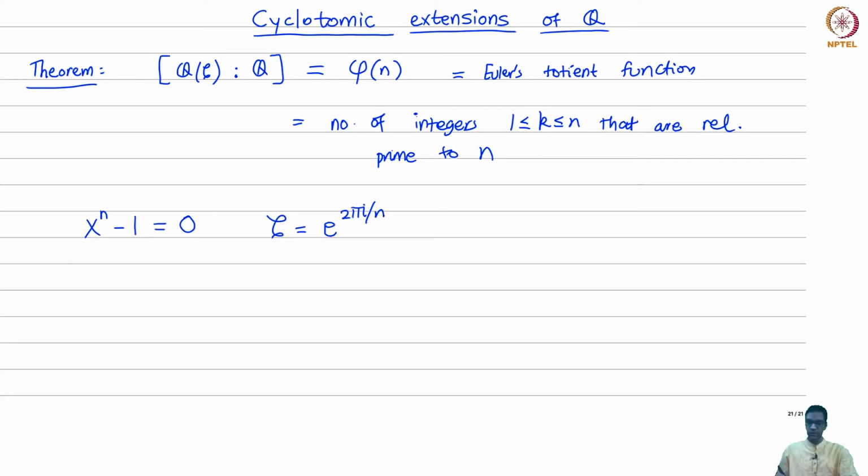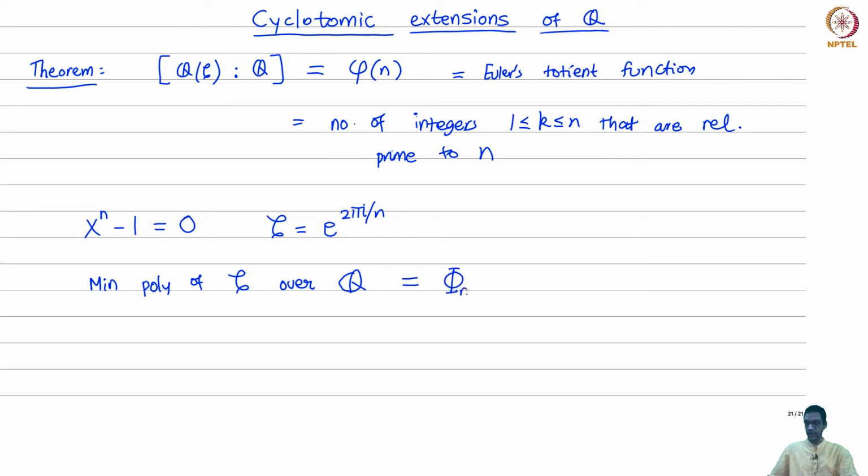What we have shown from the last two parts is that the minimal polynomial of zeta over Q, the irreducible polynomial that zeta satisfies, is just the nth cyclotomic polynomial.